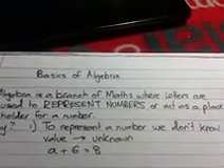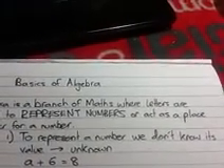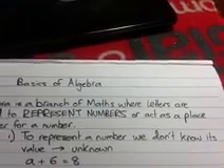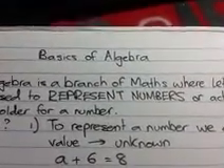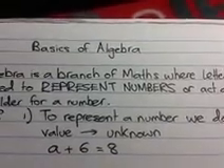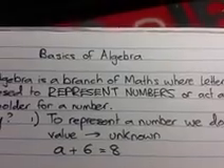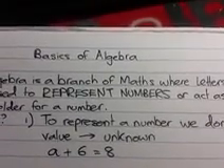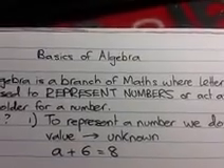But why? There are two different reasons. The first one is to represent a number that we don't know what its value is. In other words, an unknown. Here I've set up an example where a plus 6 equals 8. Now, I know you must be shouting out what the answer for a is.